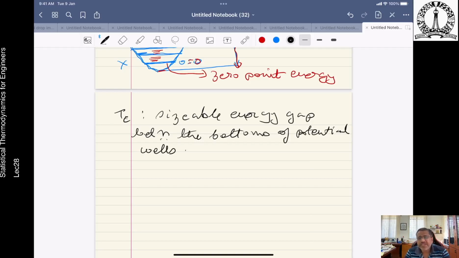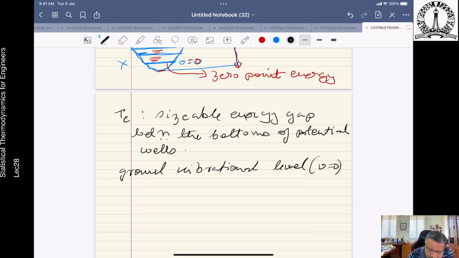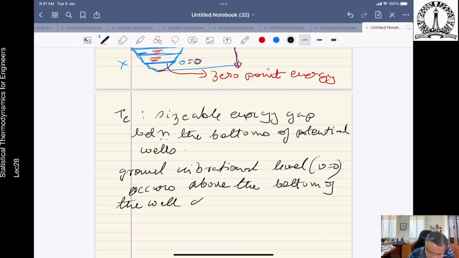The electronic energy is portrayed by the Morse potential. The ground vibrational level, V equal to 0, is actually a little elevated, occurs above the bottom, due to zero point energy.